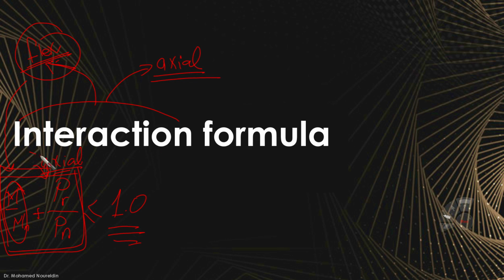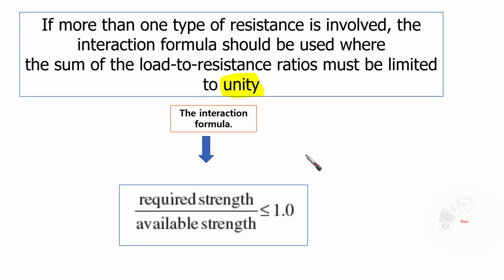So from here we came up with the interaction formula for beam column. If more than one type of resistance is involved, take care of this word, resistance, which means that axial resistance and moment resistance are involved. The interaction formula should be used where the sum of load to resistance ratios, which is the left-hand side that I explained in the previous slide, must be limited to unity.